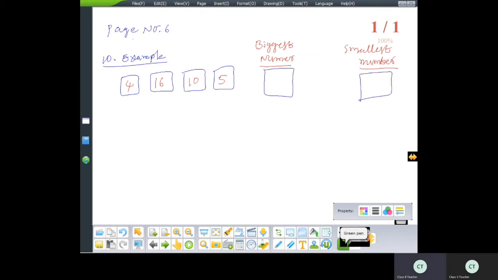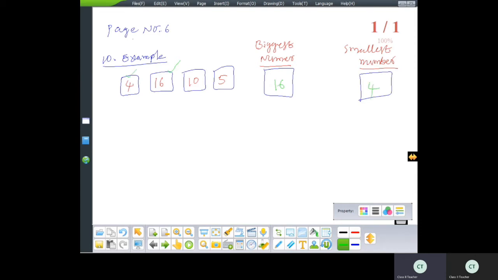Okay, students? The given numbers are 4, 16, 10, 5. Here, which is the biggest one? 4 or 16 or 10 or 5. 16 is the biggest number. Which is the smallest one? The smallest number is 4.